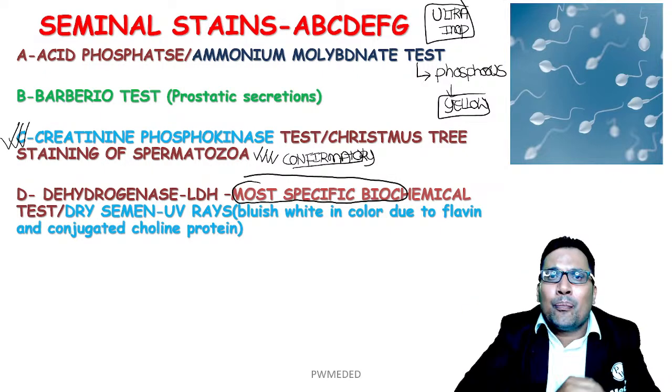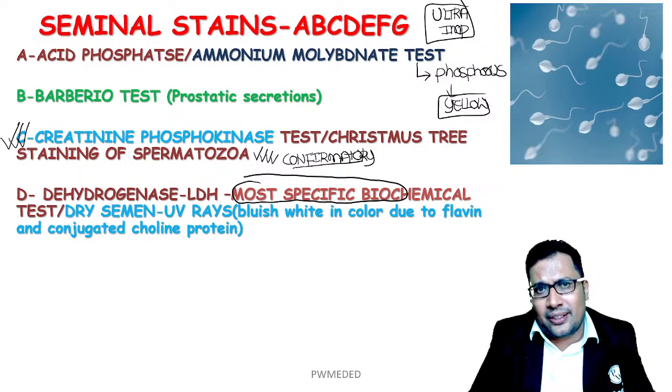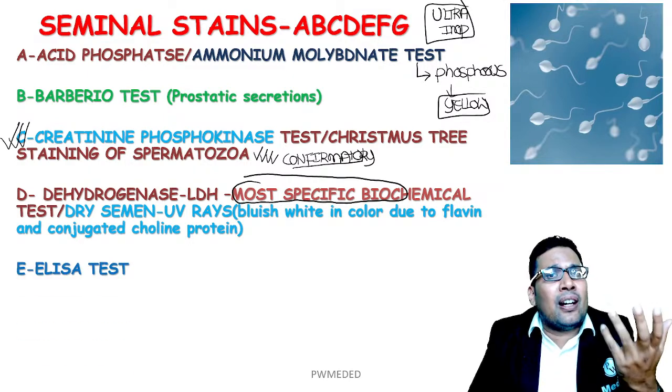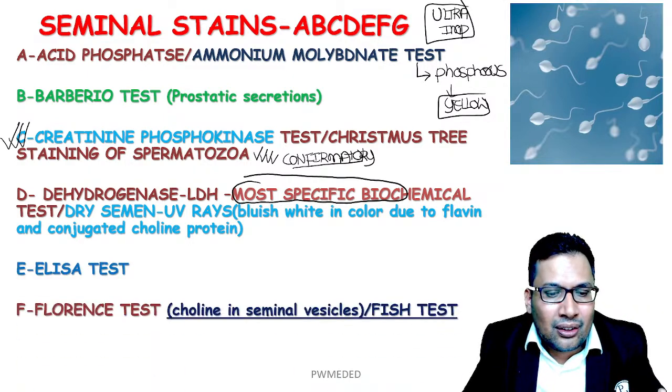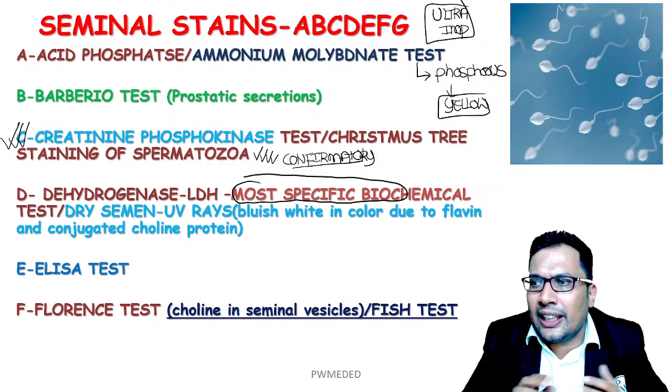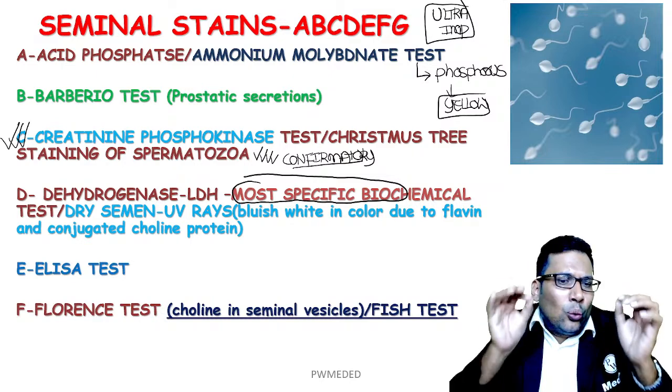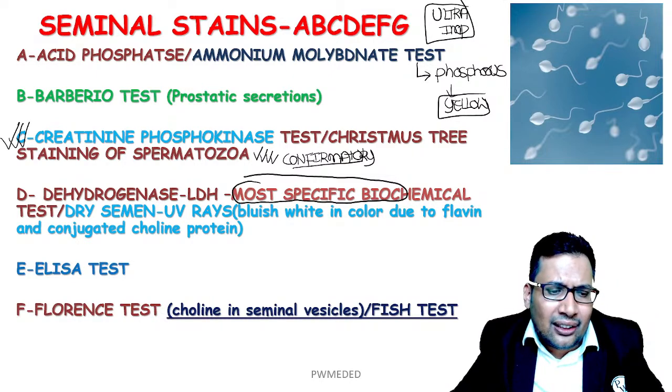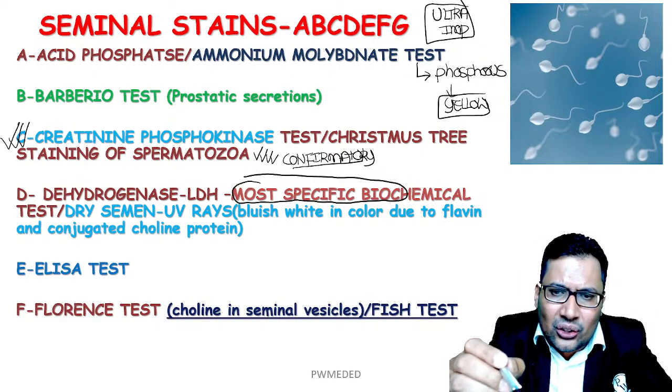That is for D. E for ELISA test. F for Florence test. Lastly, G. Remember G, can anyone guess? What is G in seminal stain? We discussed all this.